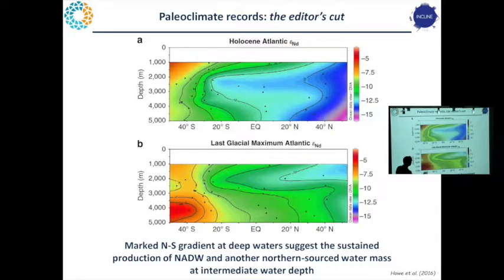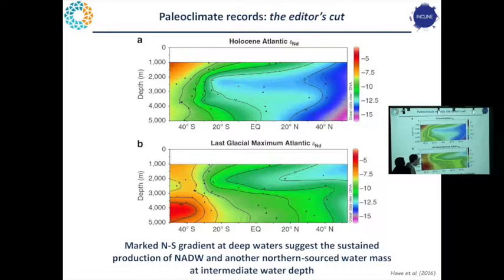So this is present-day modern, let's say. Present-day is not exactly the case. It's the Holocene situation of the Atlantic, 40 degrees north, 40 south, from 1,000 meters to 5,000 meters in the water column, based on epsilon neodymium. This is authigenic, not in the heterogeneous phase.